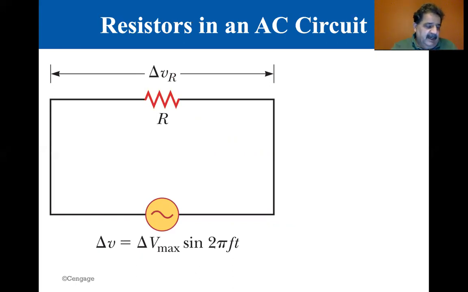So delta V RMS is equal to I RMS times R, and you can also say delta V max is equal to I max times R. Okay, and that ends our discussion of resistors. Next, we're going to go to capacitors in AC circuits.